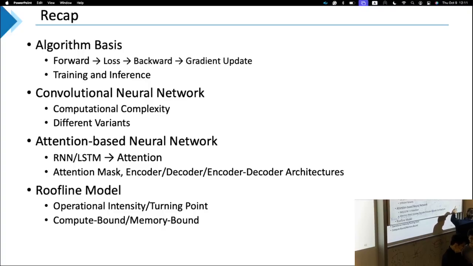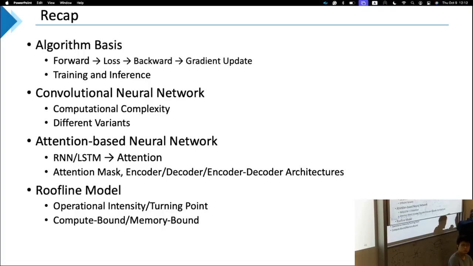Okay, so your question is how deep we need to go. No, you basically just need to know 3 basic layers: fully connected layers, convolutional layers, and attention-based neural network layers. Just these 3 layers. For the other things, you don't need to worry about.